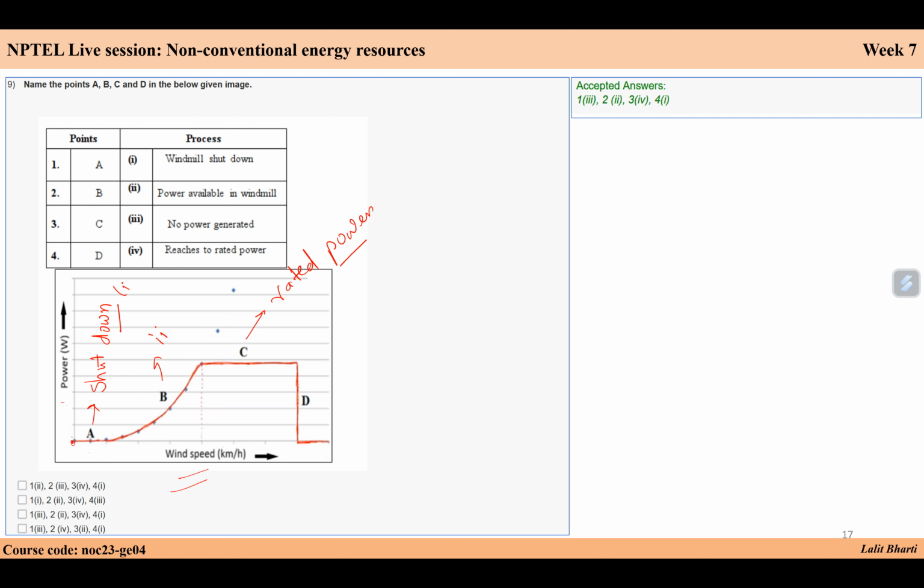This is your option first, this is your option third, second, fourth, and then it gets to zero again, no power, or the shutdown condition.